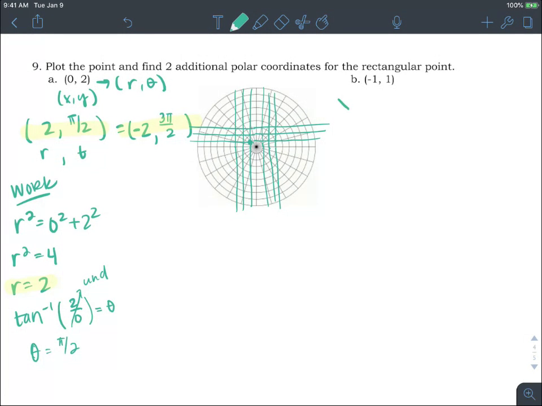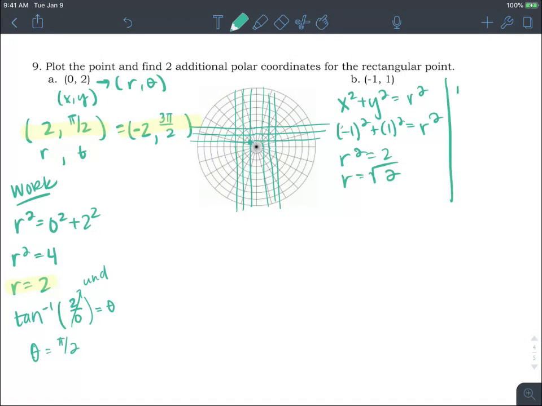So x squared plus y squared is equal to r squared. So -1 squared plus 1 squared is equal to r squared. This is r squared is equal to 2. So r is equal to the square root of 2. Okay, let's do the tangent. Tan inverse of 1 over -1 is equal to theta.